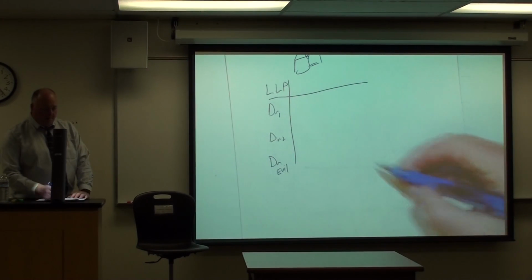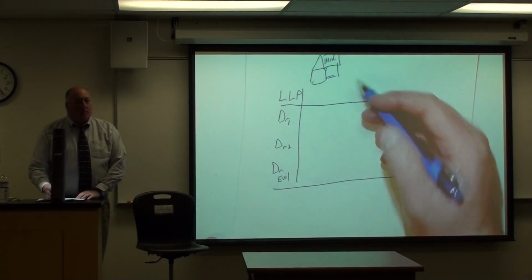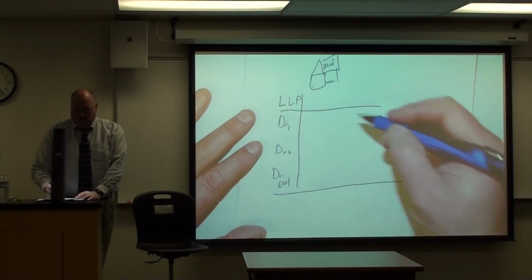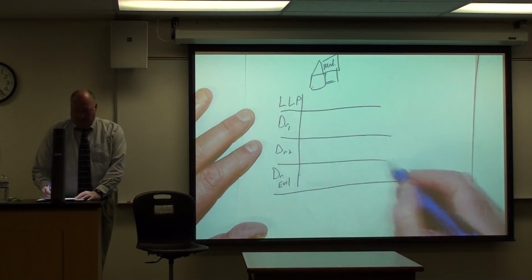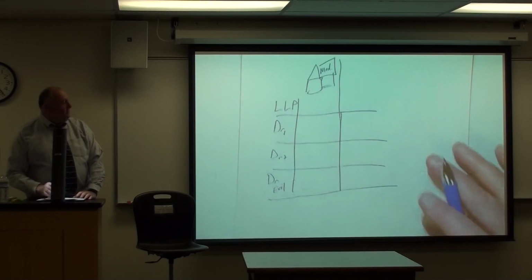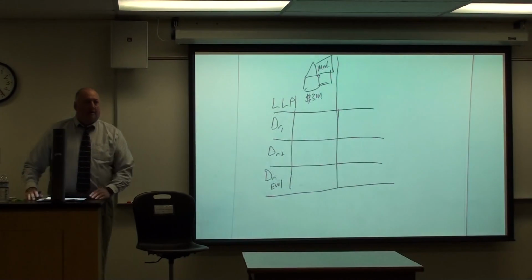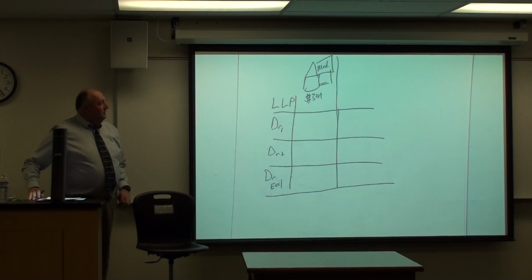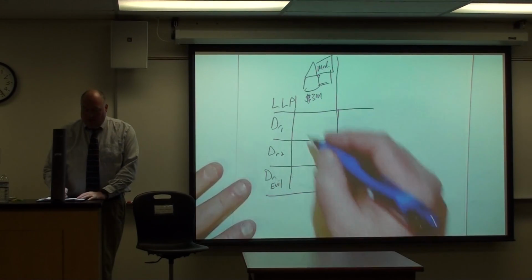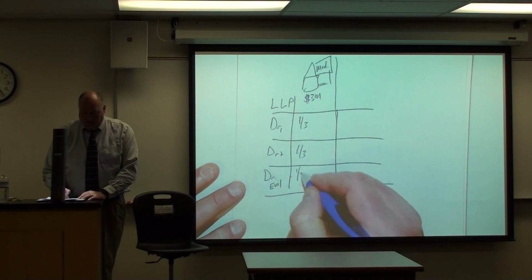So we have 3 doctors. So these 3 doctors want to start a medical clinic. So the medical clinic, again, let's say it's going to cost $3 million to buy the clinic and put all the equipment in there and all that kind of stuff. So they buy the clinic, they each put in $1 million, and they're a 1/3 partner in the clinic.